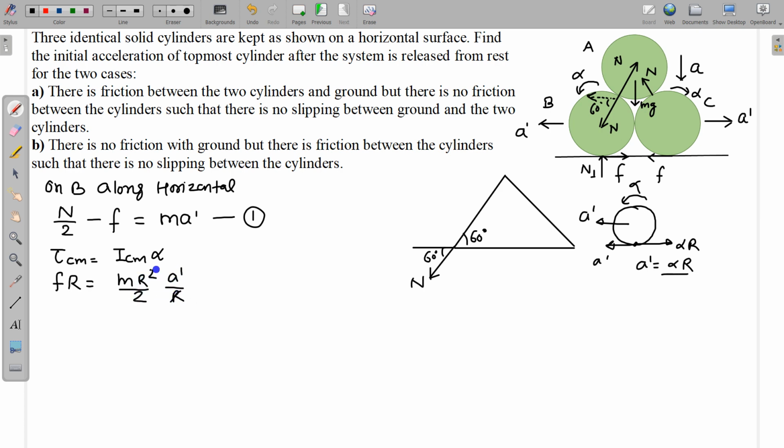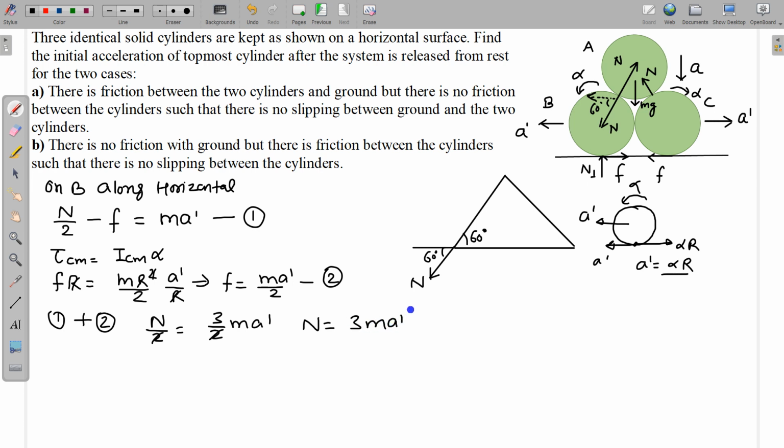So all the r in this equation will be cancelled, and this will be F is equal to m a dash by 2. From these two equations we can eliminate this frictional force, and by adding 1 and 2, this will give N by 2 is equal to 3 by 2 m a dash, and 2 and 2 are cancelled, and this will give N is equal to 3 m a dash. So we can get this.